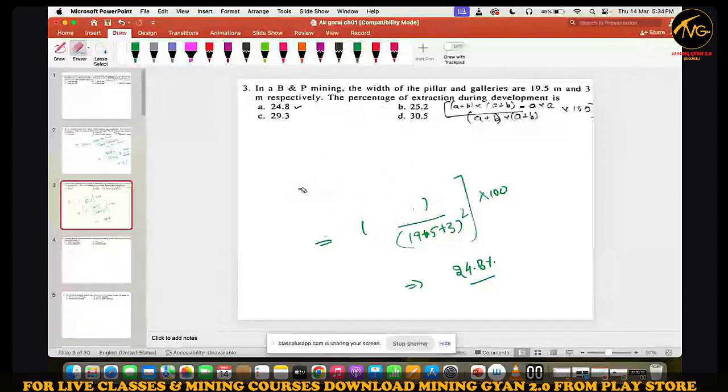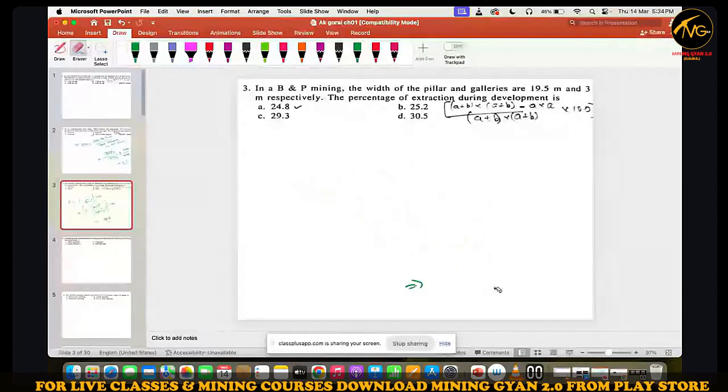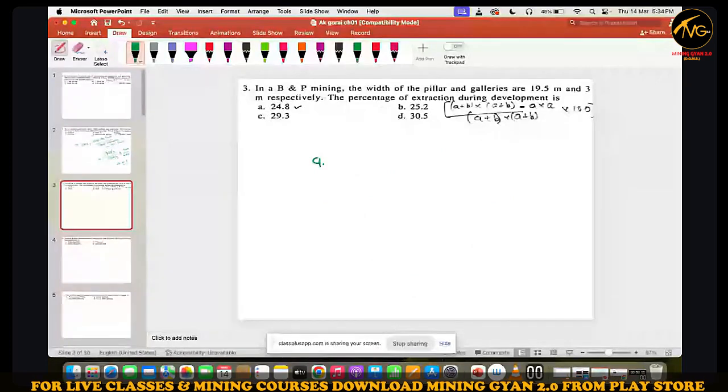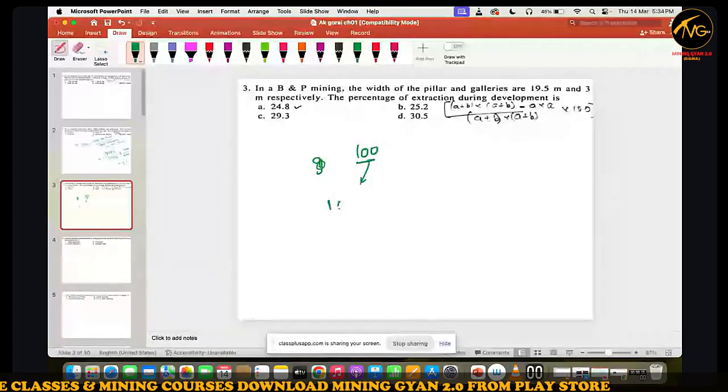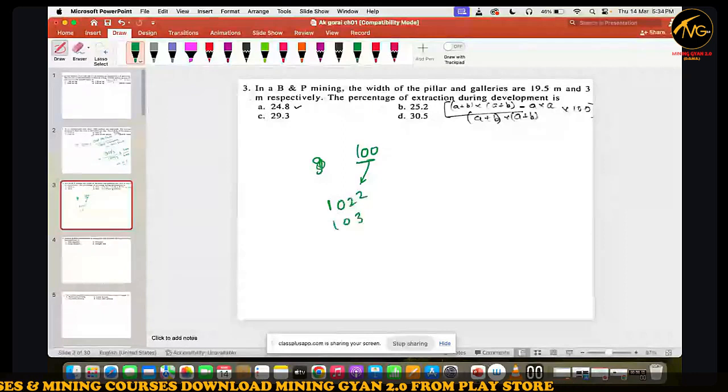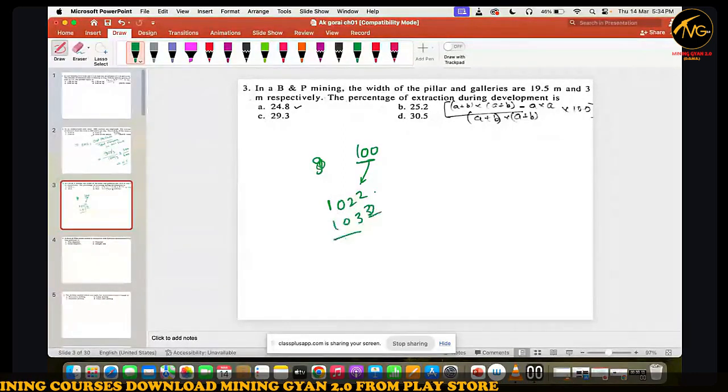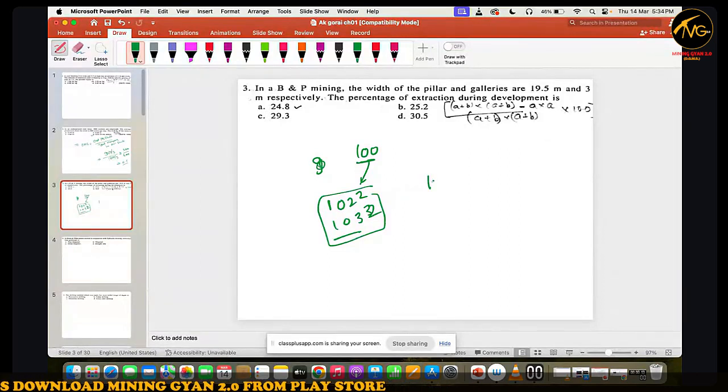I do not have too much time. If anybody wants squares near 100, like 102 square, 103 square, you can find them by a method. Suppose this is 100, this is 102. What is the extra 2?